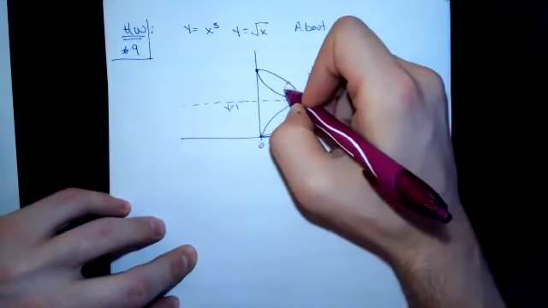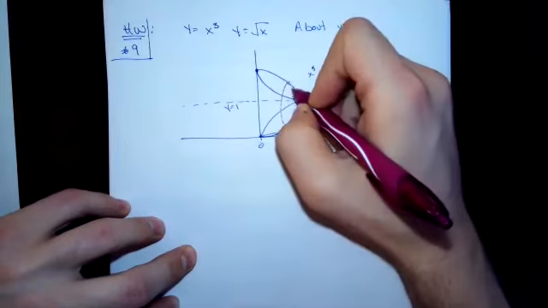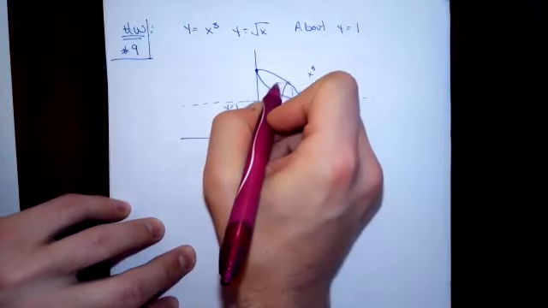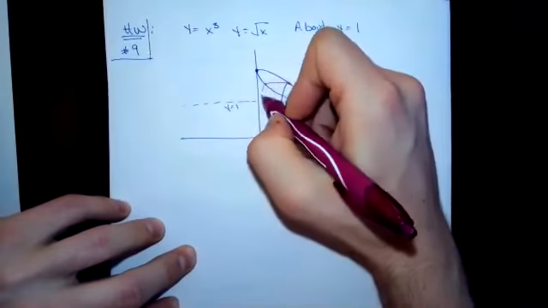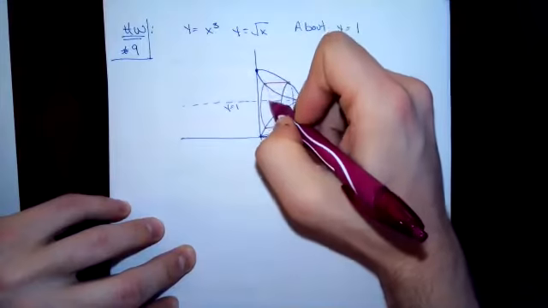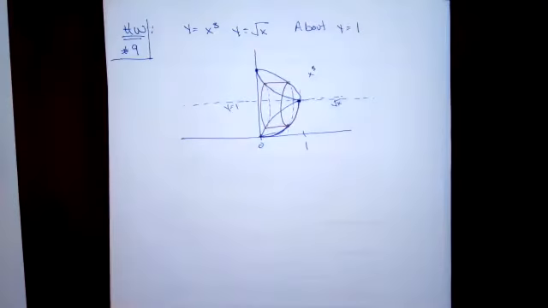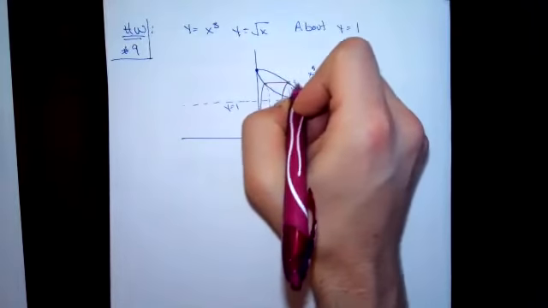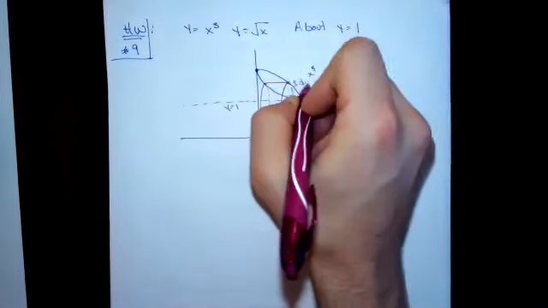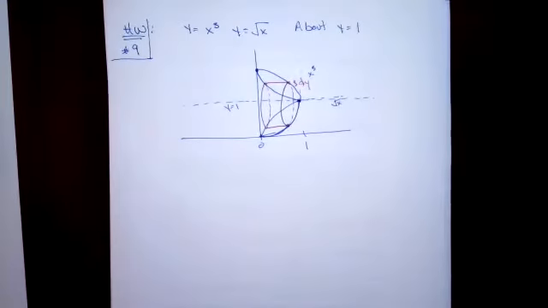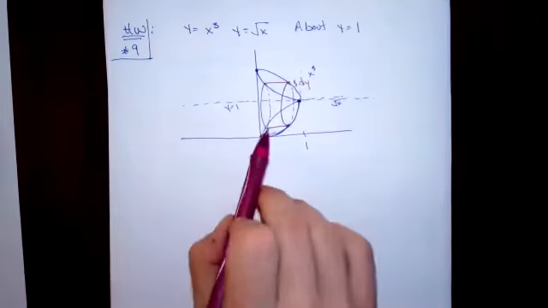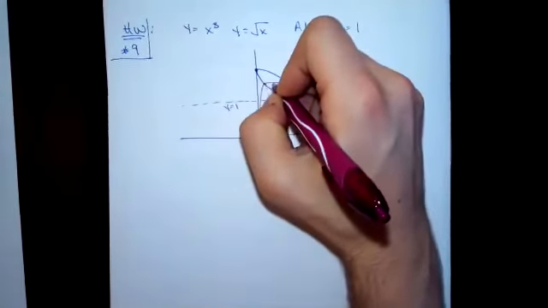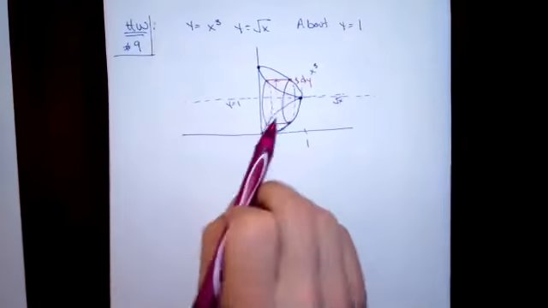So our shells are going to look like this. And now the thickness of these horizontal sideways cans is dy. And we need to work out both the radius and the height.